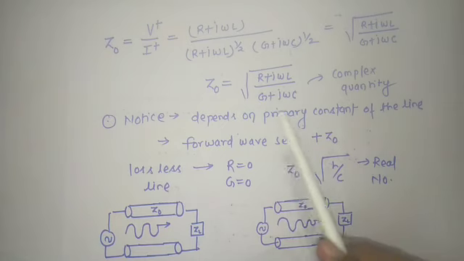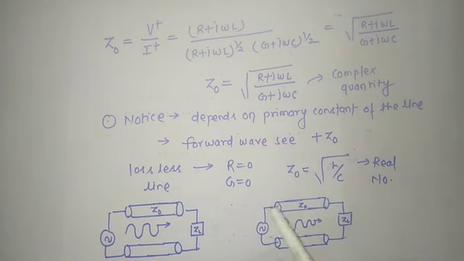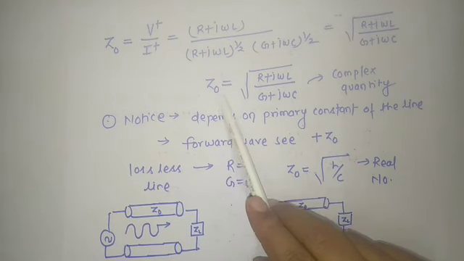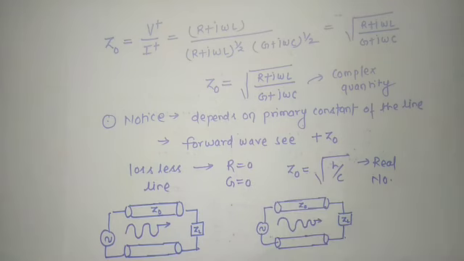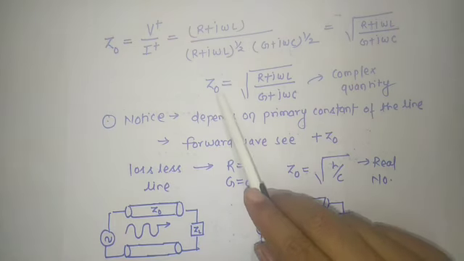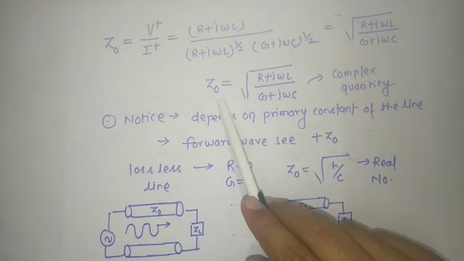So whenever the forward wave travels from source to load, there will be attenuation, and this forward wave will see the characteristic impedance Z0. One more important thing you can notice, this characteristic impedance does not depend on any location, it will be the same everywhere. It is not a function of x, it is not a function of location.